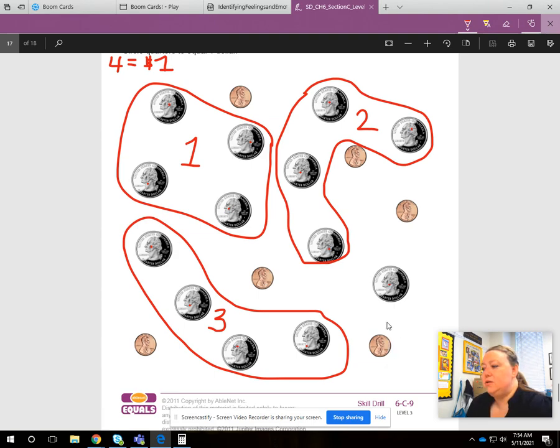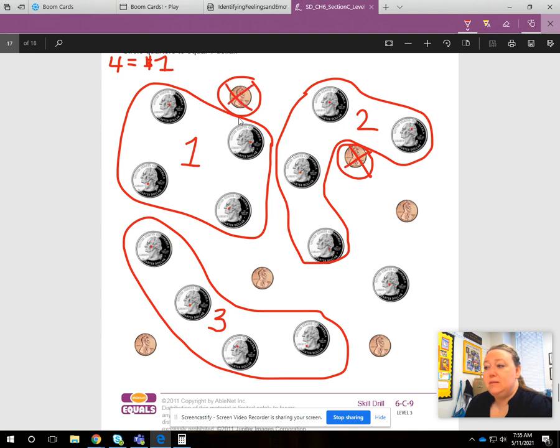Now these other coins in here, see these pennies right here? These are only worth 1 cent. So do you know how many I need for $1? I have to have 100 of them. But I only need 4 of these quarters because they're worth 25 cents. So I would need 25 of these pennies just to equal 1 quarter. So we don't need to worry about these pennies.